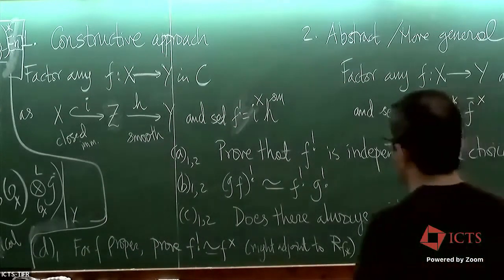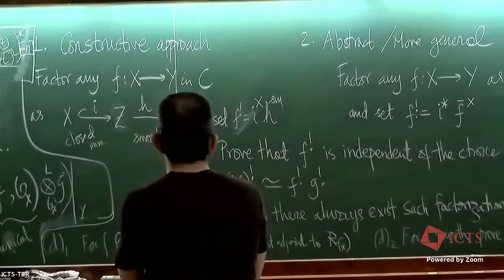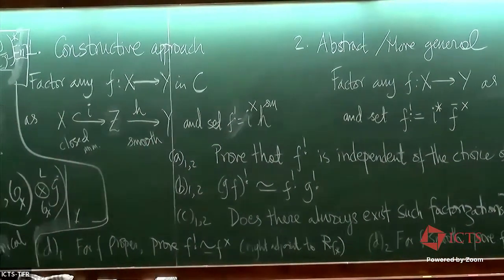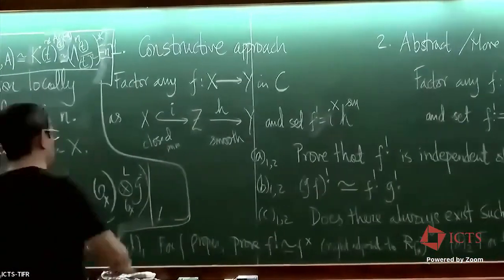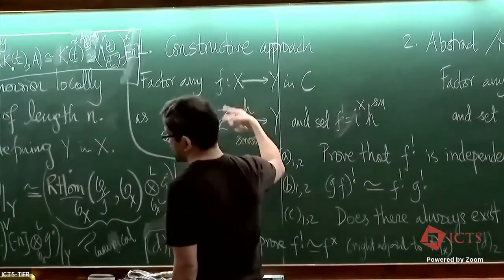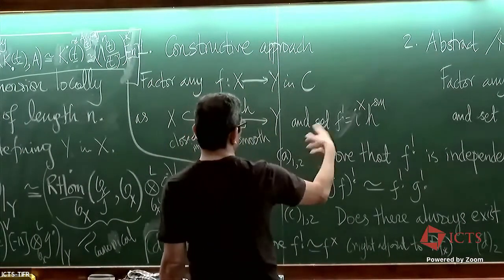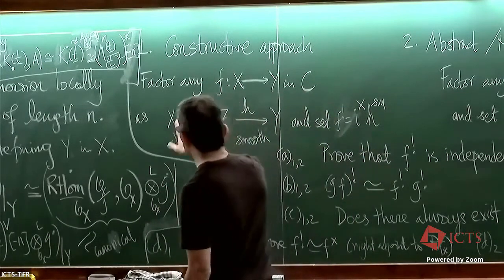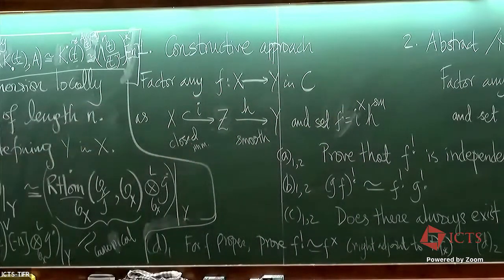So you can explicitly see what the right adjoint will look like for any quasi-projective map. You can write it down very explicitly, because for projective space you have an explicit formula, and then that also works as H cross. H cross is isomorphic to H smooth, and then H cross and I cross put together will give you the right adjoint to lower star.